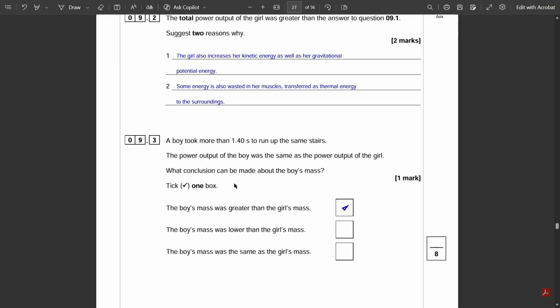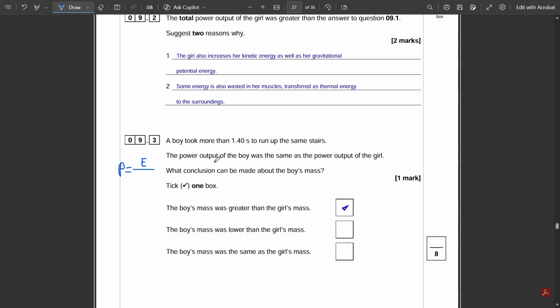Well, a boy took more than 1.4 seconds to run up the same stairs. The power output of the boy was considered to be the same as the power output of the girl. What conclusion can be made about the boy's mass? Well, the boy's mass was greater than the girl's mass, because power equals energy over time.